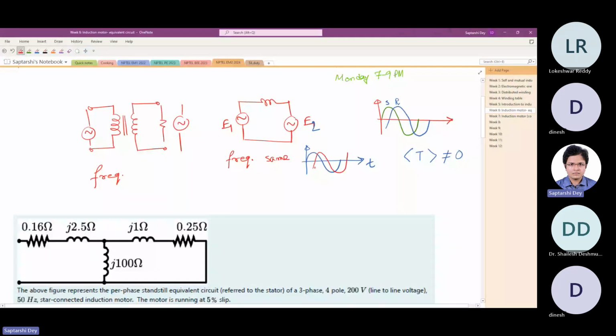This one is moving away continuously. Frequency is different. There is no constant phase difference. So here also the same thing. For a constant power flow, these two waveforms must be static with respect to each other. Then only there will be a power flow. So this is easily understandable in power electronics, and in transformer. But the problem is with induction motor.